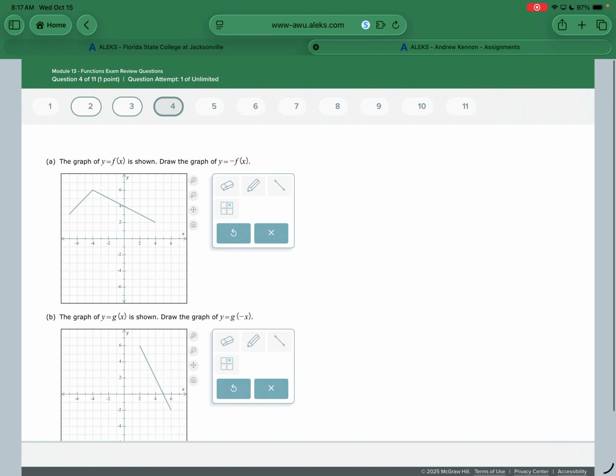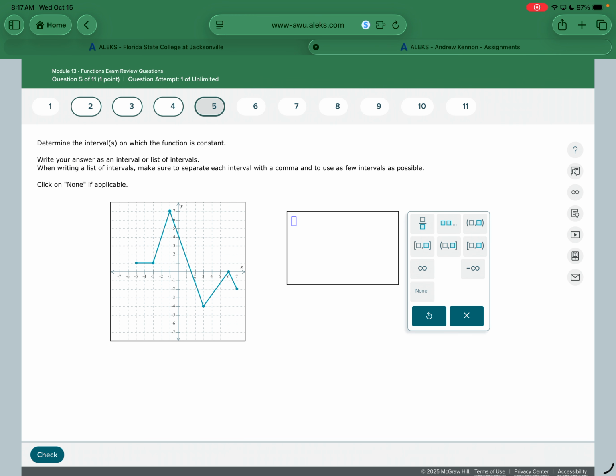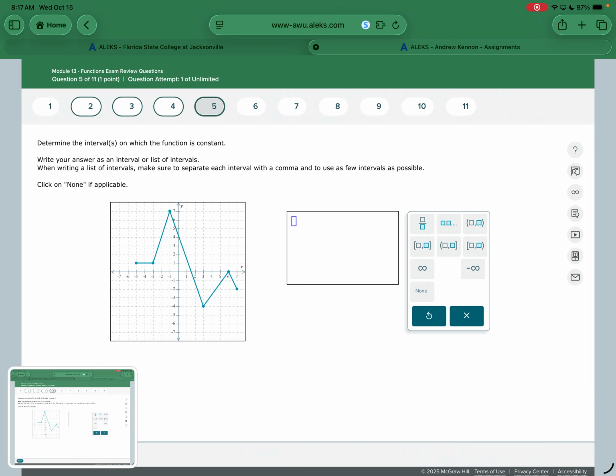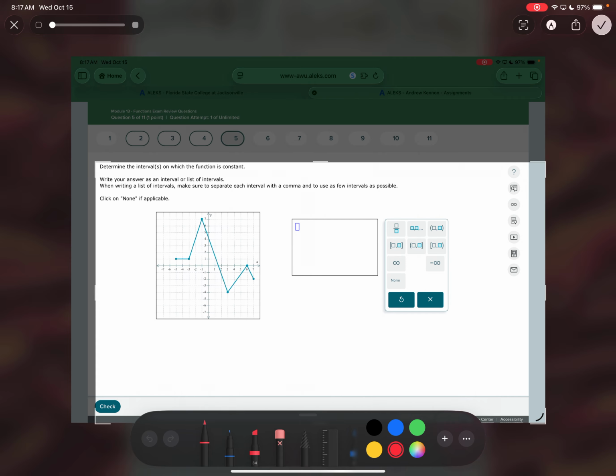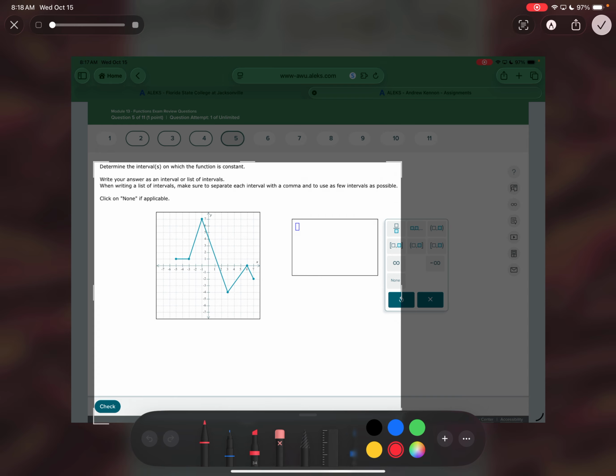All right, what's next? 5. On this one, you are going to be asked to figure out where this one is constant. You can get increasing, decreasing, or constant, so pay attention to what it asks for.